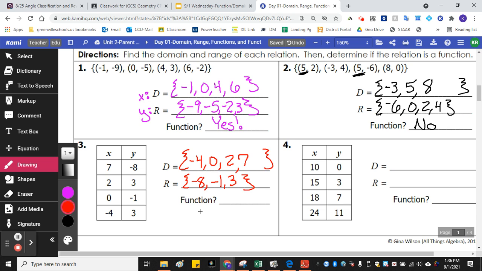Does that mean it's a function or not? So number 3, is that a function? Yes, it's a function. You can have multiple y's, just not multiple x's. The x's can't repeat. The y's are allowed to repeat.